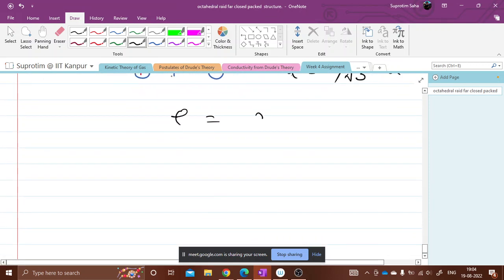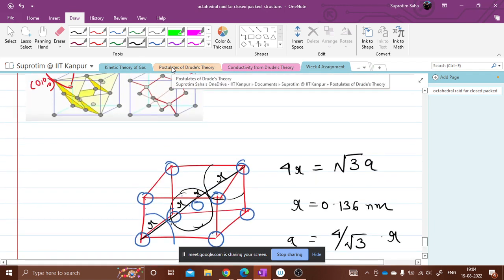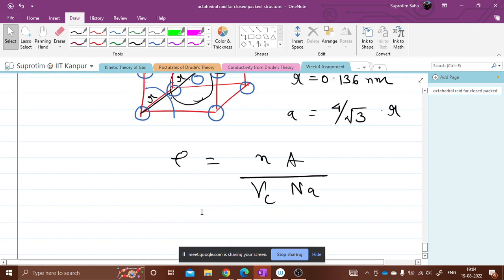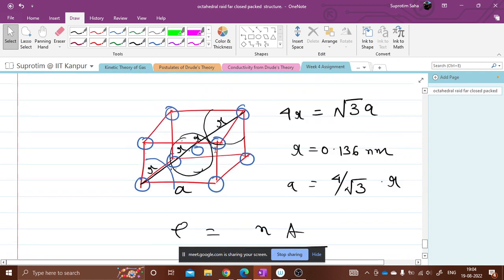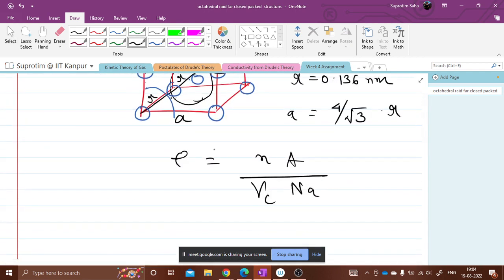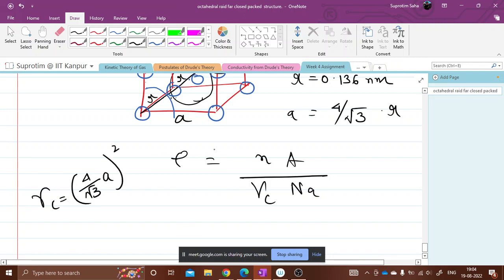So rho is n, A is also given, Vc and Na. Vc is the volume of this unit cell, which will be a cube. So a is given. The volume Vc is 4 by root 3 R whole cube.